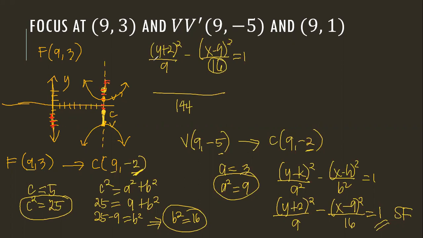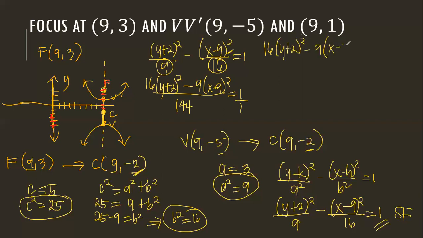Then 16 times y plus 2 square, that will become 16 times y plus 2 square minus 9 times x minus 9 square is equal to 1. This is over 1, then cross multiply. So that will be 16 times y plus 2 square minus 9 times x minus 9 square is equal to 144 times 1 is equal to 144.